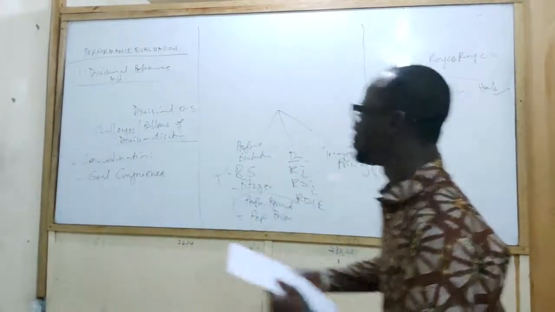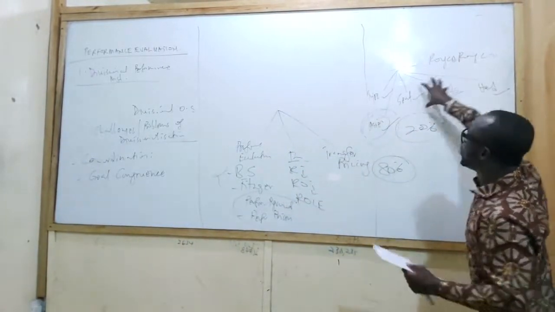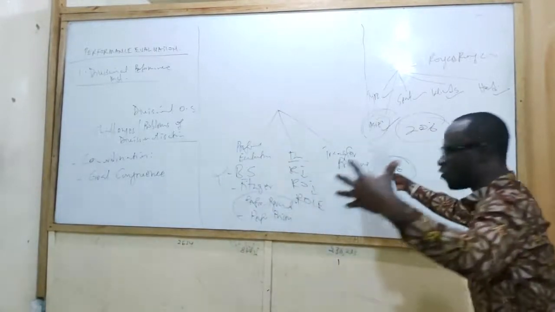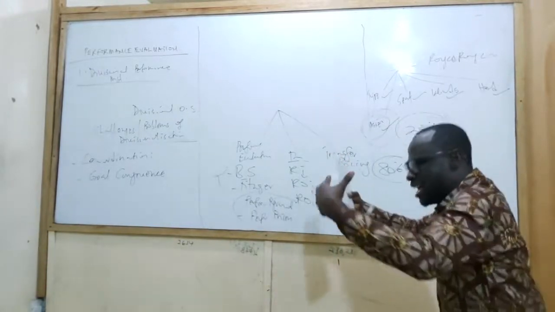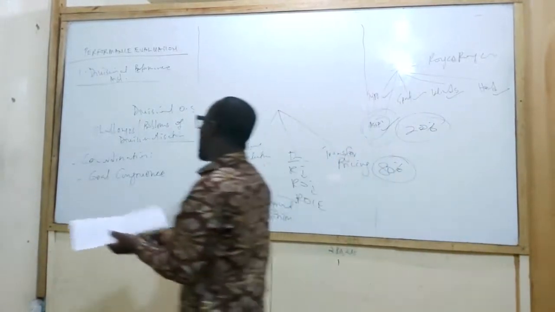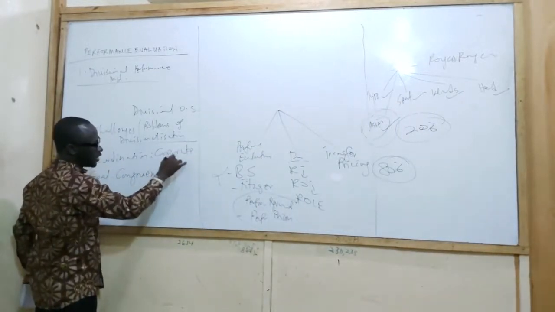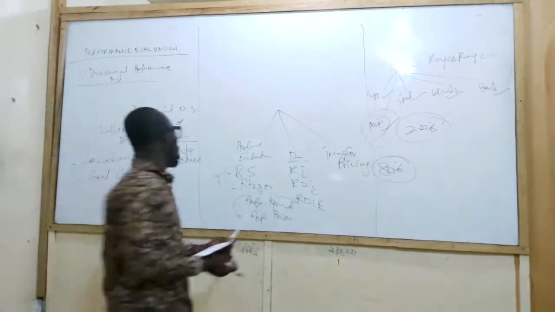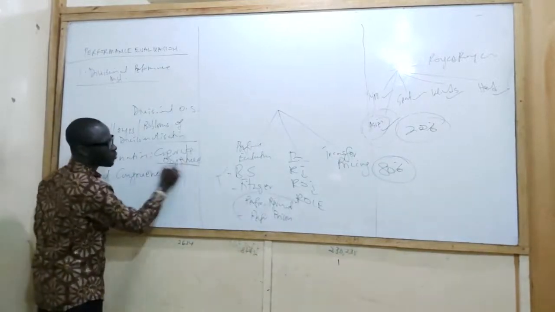Coordination. You see, since the organization is now segregated into various divisions, all the operations and services of the various departments and divisions would have to be brought together, synchronized, in order to achieve the corporate objective. So coordination is very important for the achievement of the corporate objective.